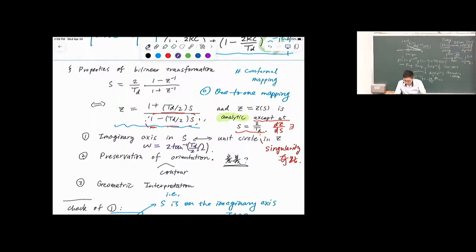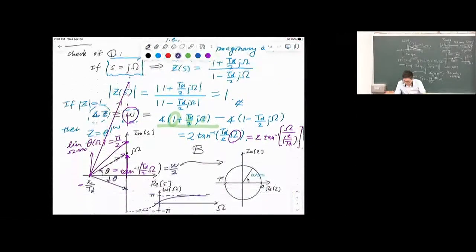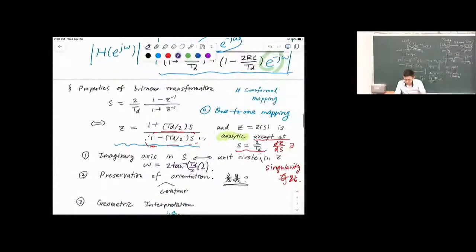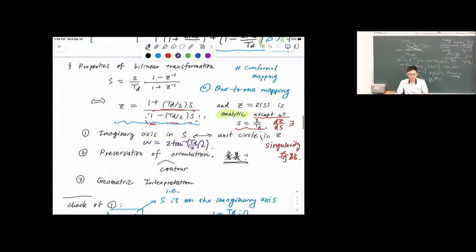Am I being correct? Yeah. That's an explicit expression for the mapping. Okay, this is explicit.